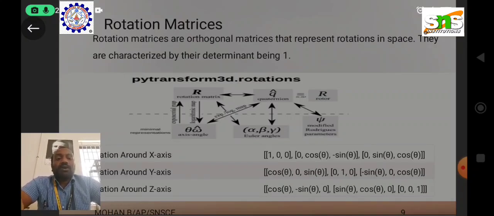So the rotation matrices are always built on the identity matrix. That is called the standard matrix.